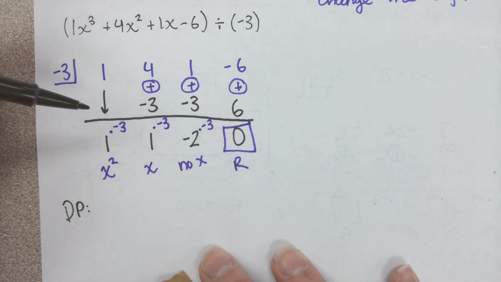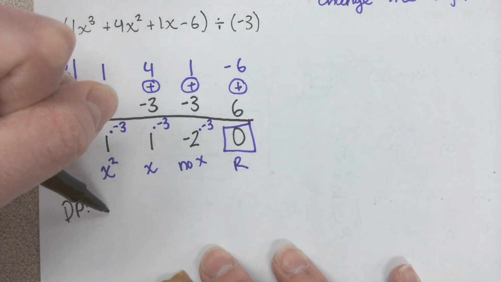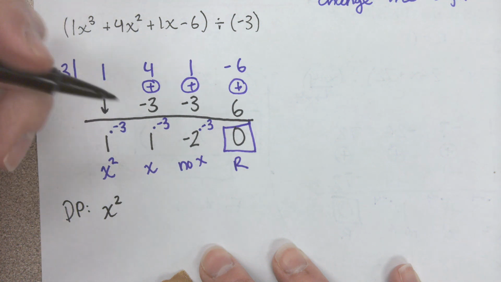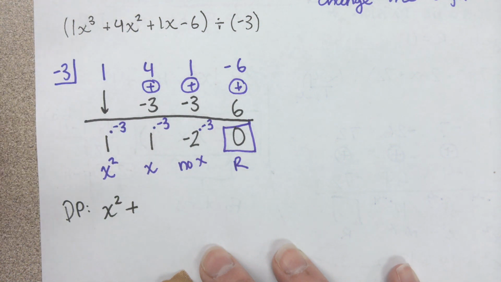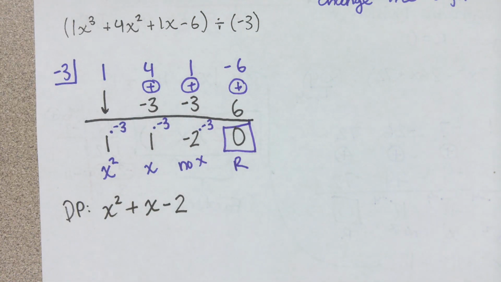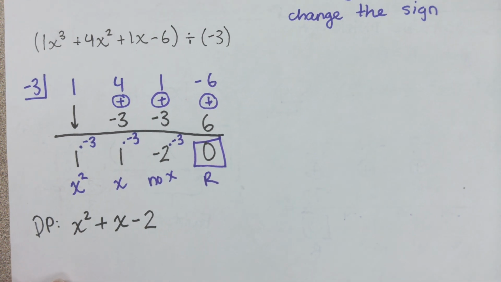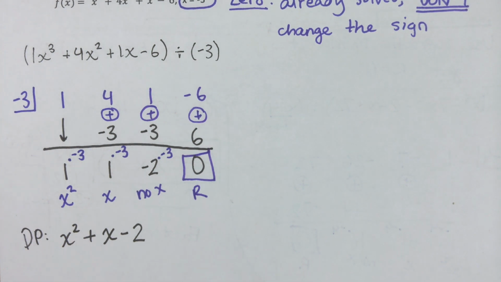Starting with the first term, 1x squared, I'll just write x squared. Next term is positive, so we'll put a plus 1x, or just x. Then -2, no x on it, no remainder. Questions on the synthetic division before we finish up the problem?